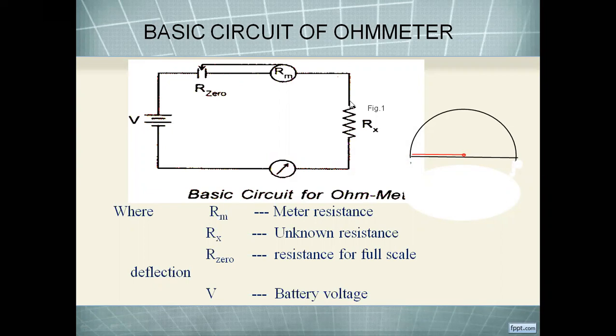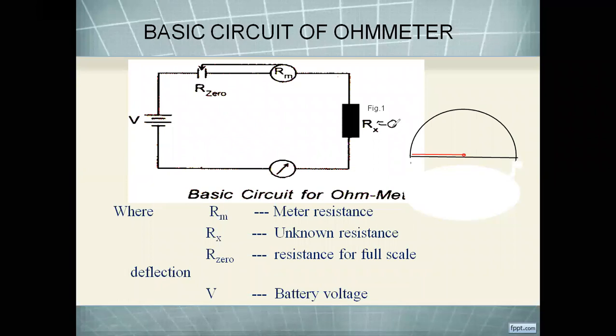Zero resistance means it is short circuited. Rx is 0 means we have simply short circuited it. There is no resistance. For Rx equal to 0, we have seen the current through the circuit is simply V by R0 plus Rm. Now this is the current flowing.